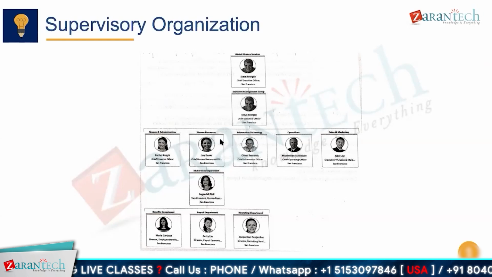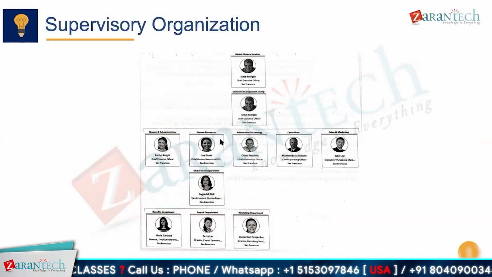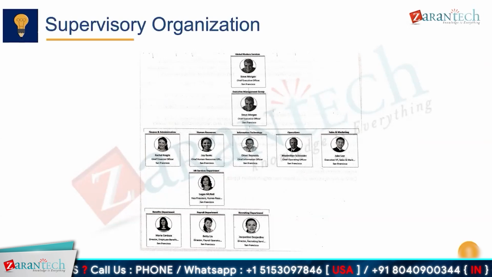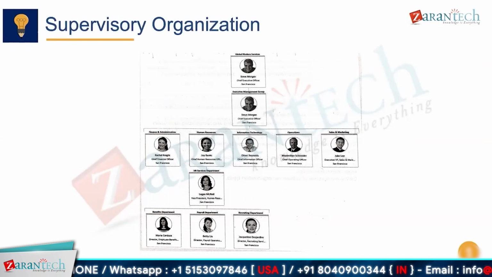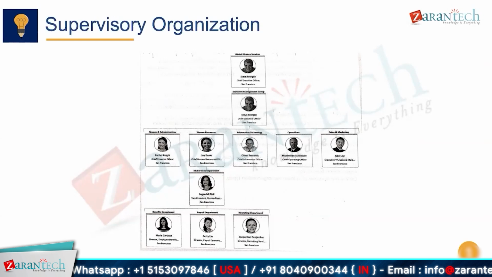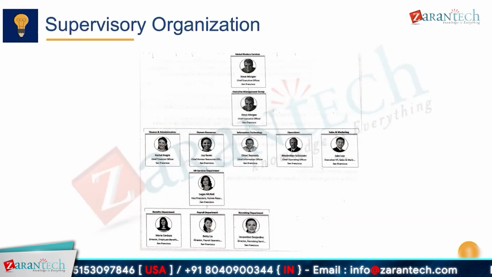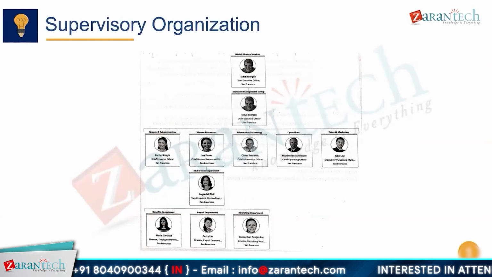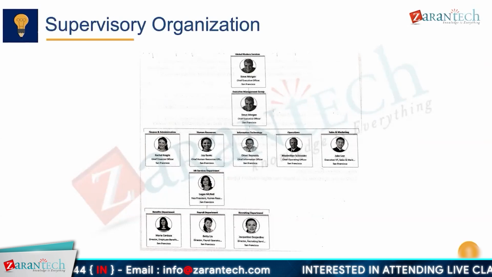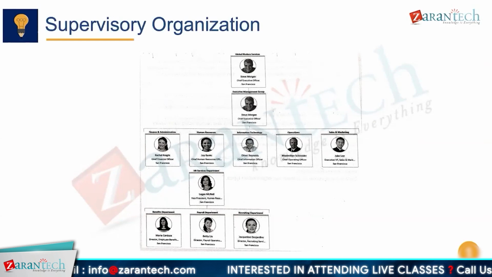Because, for example, let's say human resources is a top level organization under a certain company. And let's say there is a recruitment team, and the recruitment team is led by person A. Then there is, for example, a training team, led by person B. Similarly, there can be a performance management team, led by person C.